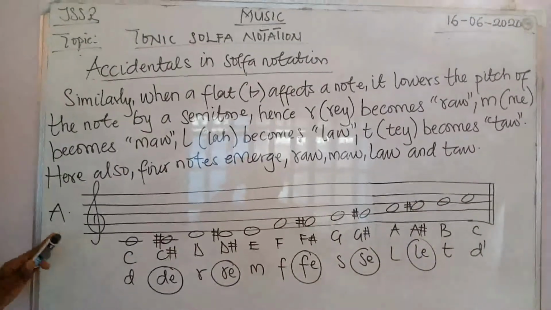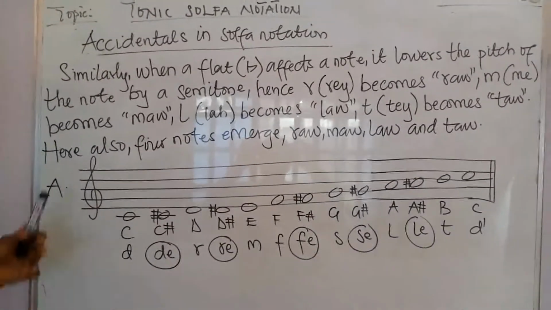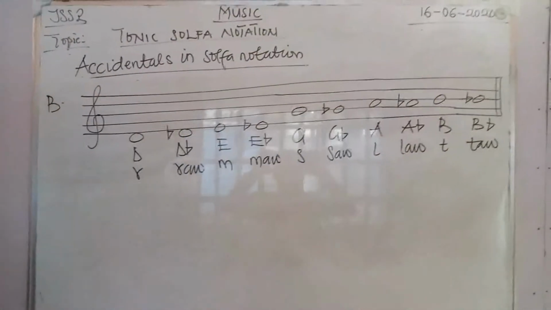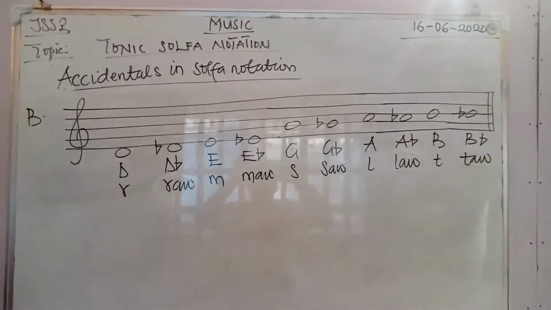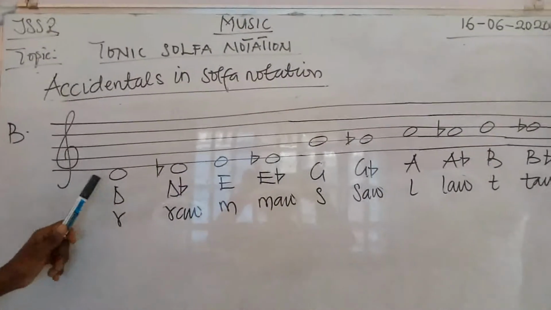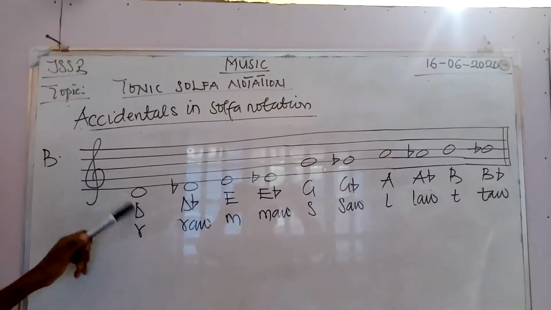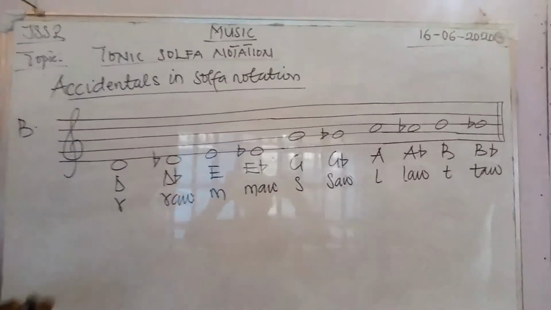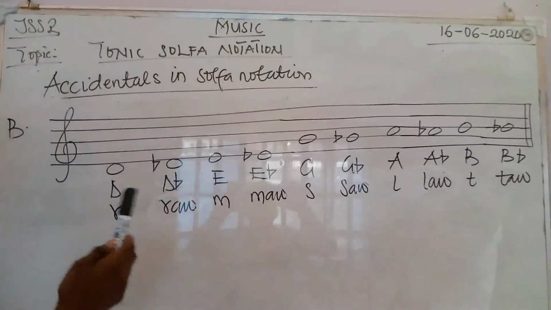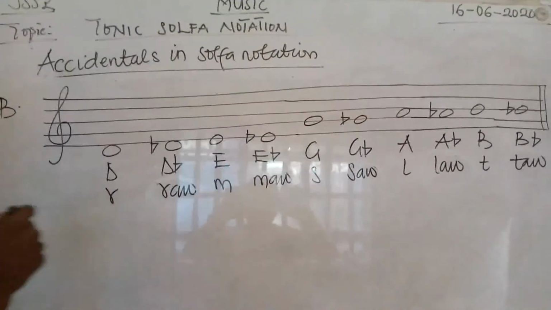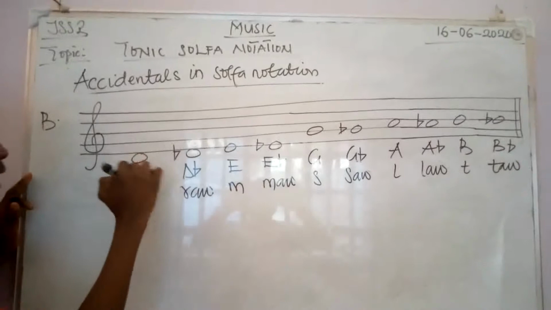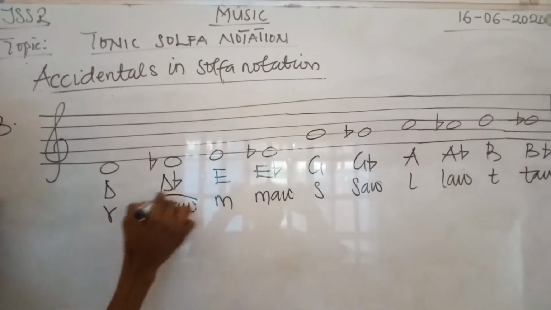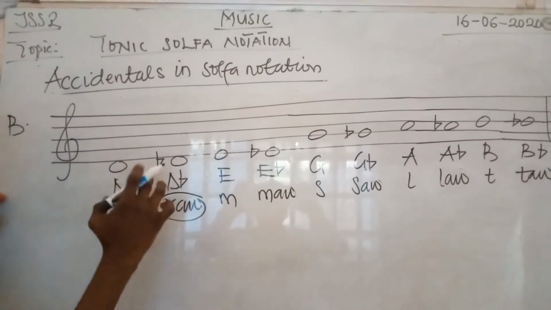So we'll look at the diagram in the flat series. We have Re, this is a Re as usual. Re, Mi, Sol, La, Ti. Now the Re becomes Raw once this flat sign is applied to it. This is D, which is a Re, and then D flat is Raw in the key of C major. So the flat has reduced it from Re to Raw.